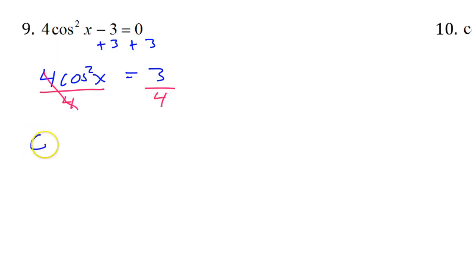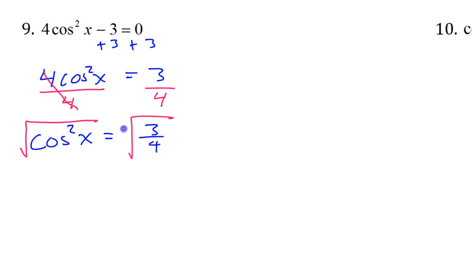That tells us that cosine squared x is equal to 3/4. To unsquare this, we're going to take the square root of both sides. Please remember that when you take the square root of both sides, your solution will be either positive or negative. 2 solutions.